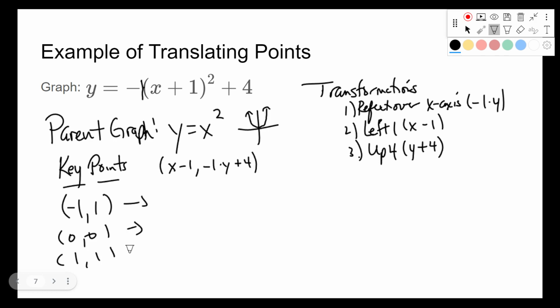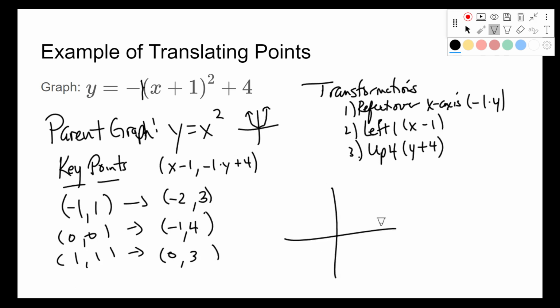Okay, you can do them both in the same step. One shot. All right, so we got -1. -1 minus 1 is -2. Put 1 in for y, you get 3. If I put 0 in for x, I get -1. 0 in for y, I get 4. If I put 1 in for x, I get 0. If I put 1 in for y, I get 3.